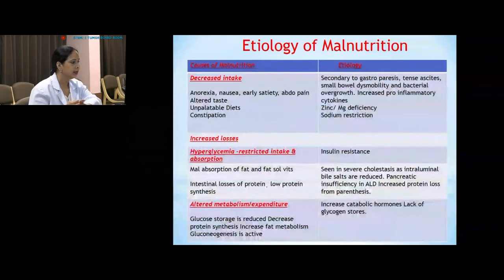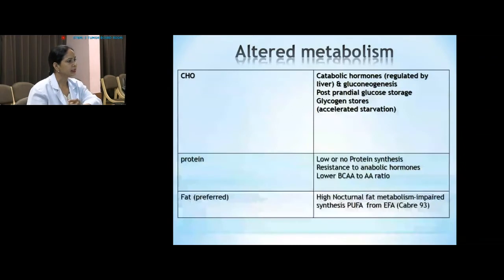In cirrhosis, protein synthesis is very low, and so serum albumin is low; fat metabolism is increased and gluconeogenesis is active. Altered metabolism: the liver is a factory responsible for carbohydrate, protein and fat metabolism.